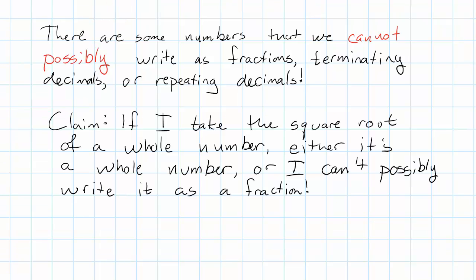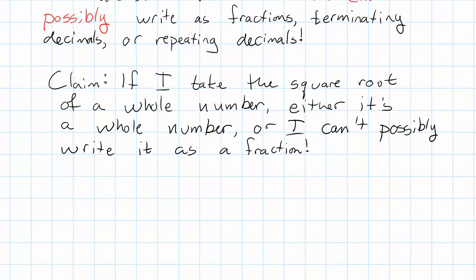If I take the square root of a whole number, either that square root is a whole number or it's something I can't possibly write as a fraction. Alright, how could that possibly be true? And how could I possibly know that that's true for every single whole number?